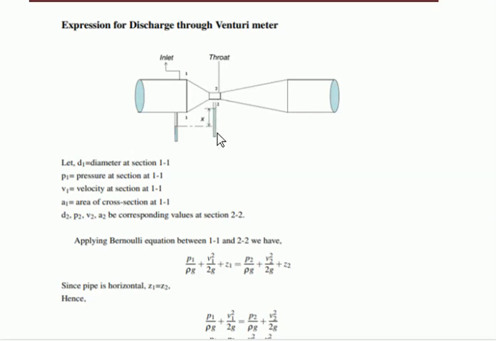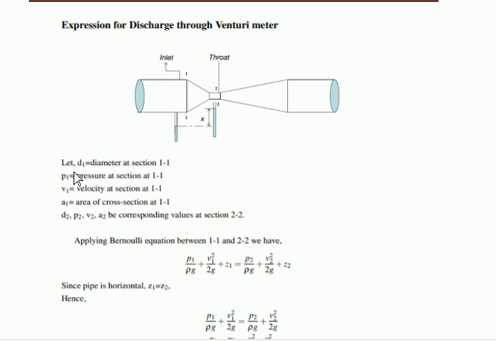Let d1 be the diameter of cross section 1-1. P1 is the pressure at section 1-1, V1 is the velocity at section 1-1, and A1 is the cross-sectional area at 1-1. Similarly, this is cross section 2.